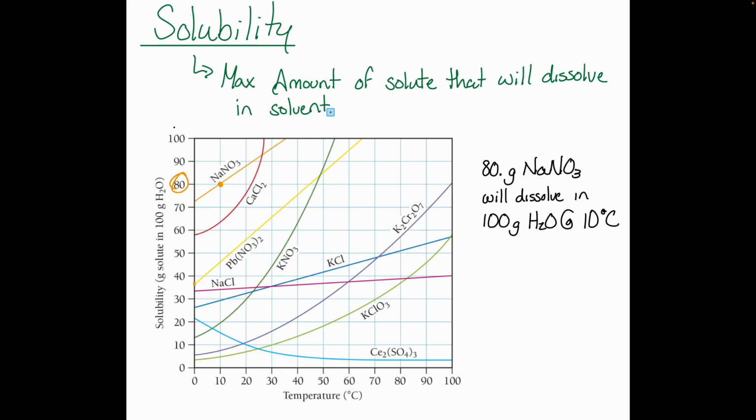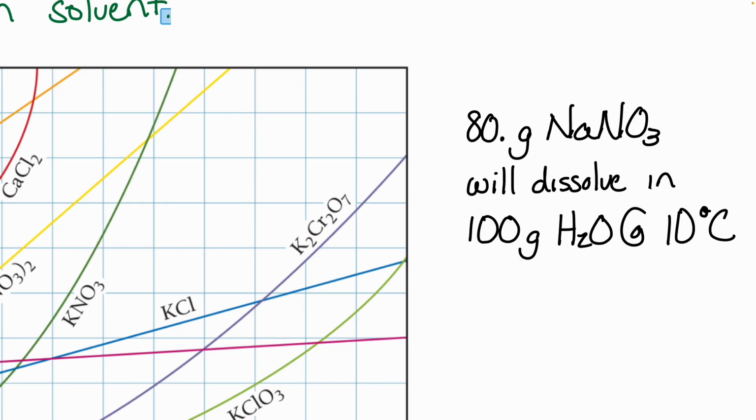But could I get 100 grams of sodium nitrate to dissolve in 100 grams of water? No, I'd be left with 20 grams floating around. So that's what our solubility is. This is the maximum amount. So let's note, maximum amount of that sodium nitrate that will dissolve in 100 grams of water. That's what this chart is telling me.